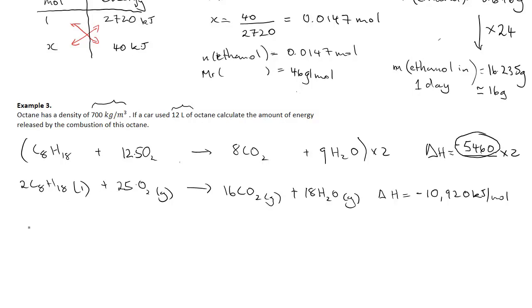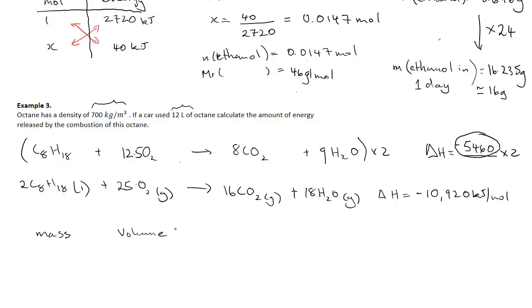So first of all, you know the volume of octane that you have, but you don't know how much mass of octane you're dealing with, because the density is given to you. Remember, the density compares the mass with the volume.